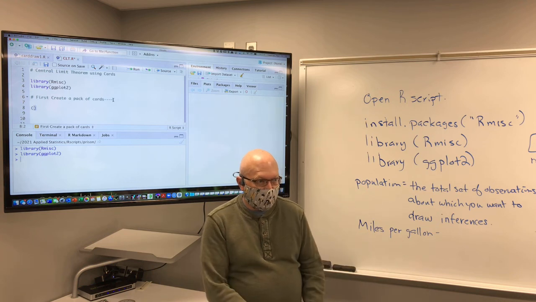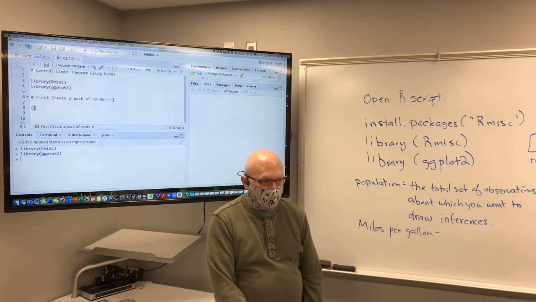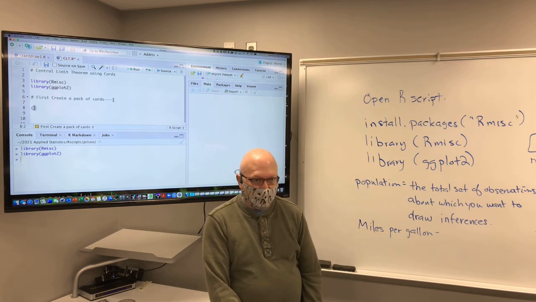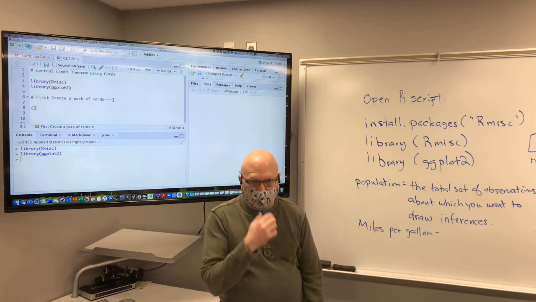Because you can't gather up all the cars on the planet, how would you get at this thing that you're interested in? What are the miles per gallon among different automakers?